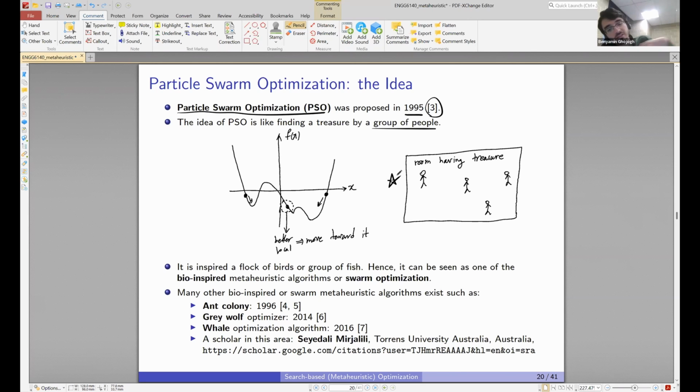For example, I also move toward the place that I found the gold in my local neighborhood. But at the same time, I also go toward the diamond. So I have two vectors, one of which is toward the gold of my area, and the other one is toward the diamond of the other person, which is a global best.